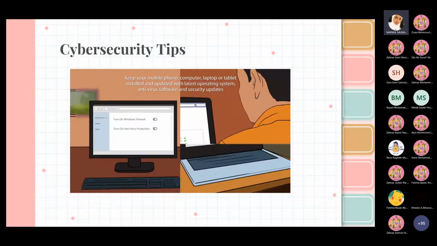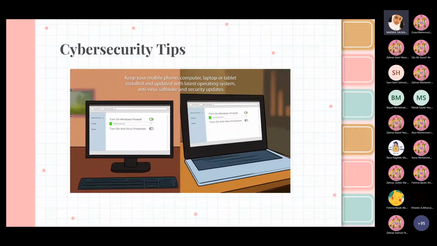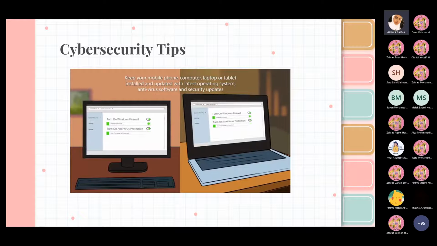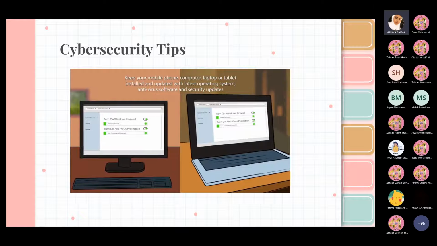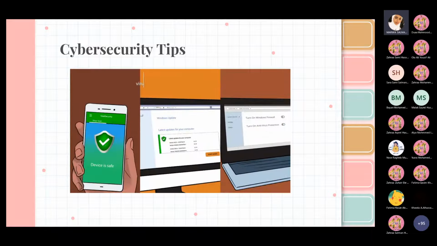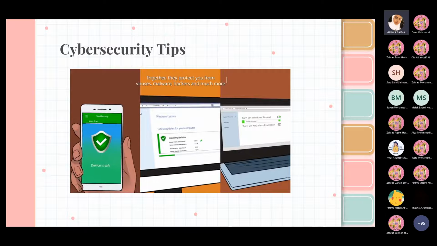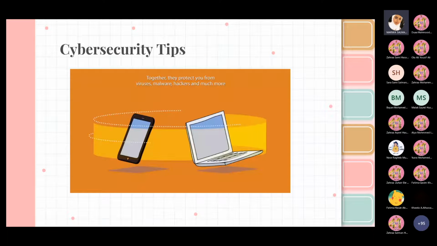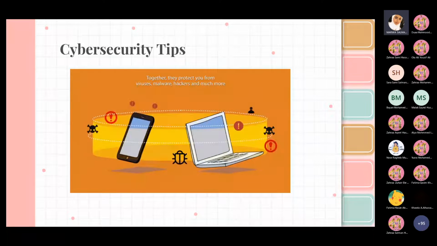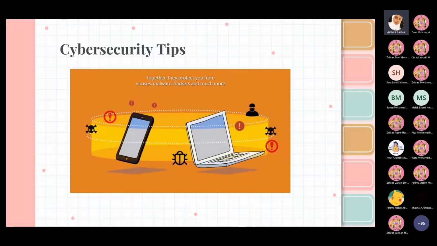If you're using a computer or laptop, ensure firewall is enabled. Seems tough? Ask your parents or teachers. Together, the antivirus, security updates, firewall, and operating system protect your device and your data from threats on the internet, such as viruses, malware, or ransomware.